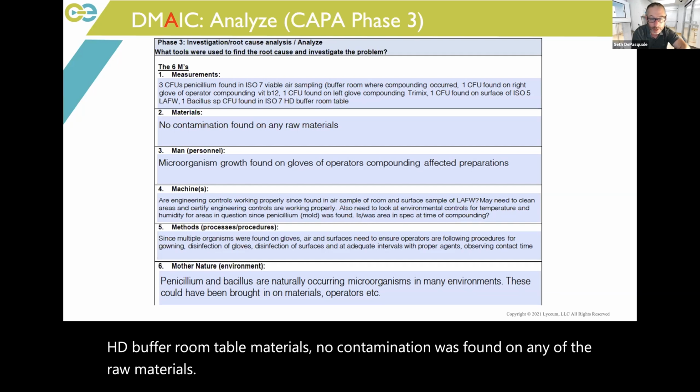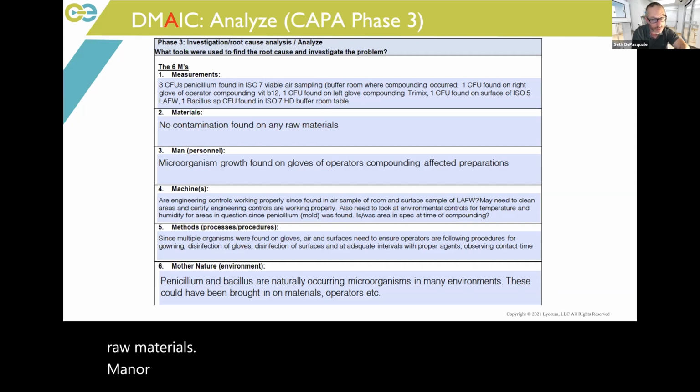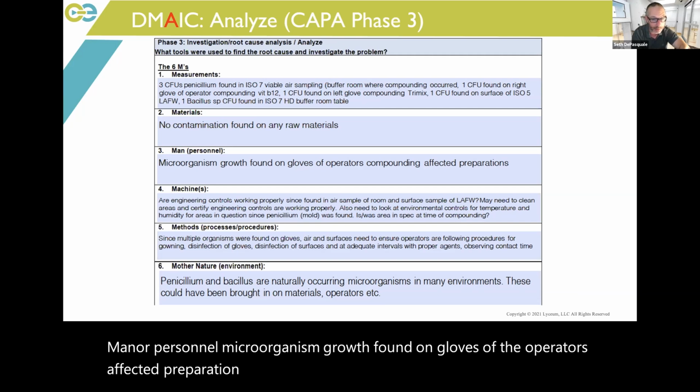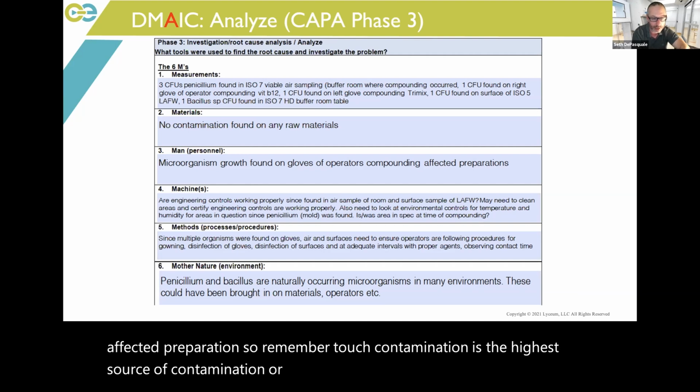Man or personnel, microorganism growth found on gloves of the operators affected preparation. So remember, touch contamination is the highest source of contamination, or the highest risk of contamination, I should say.